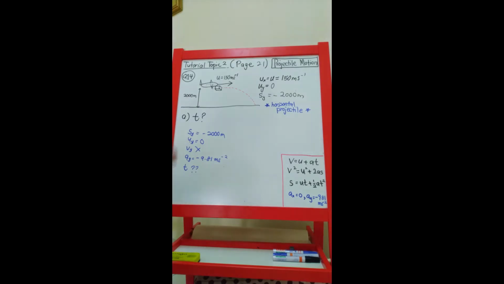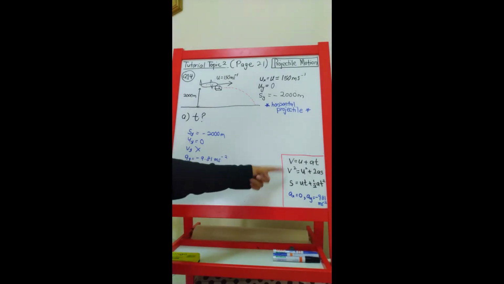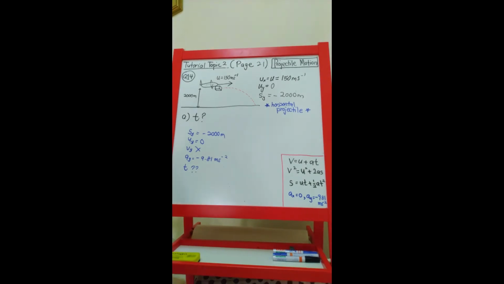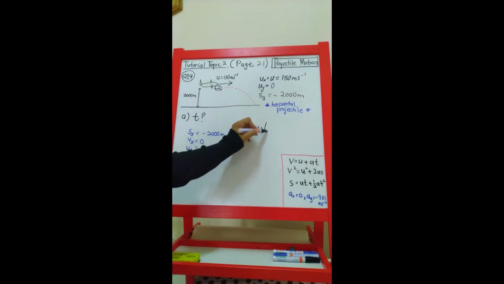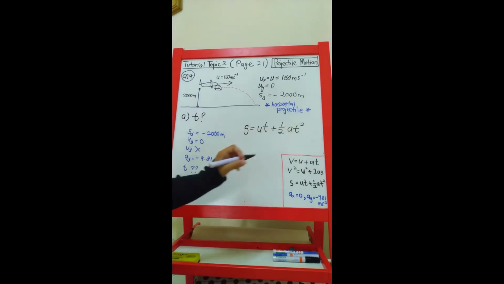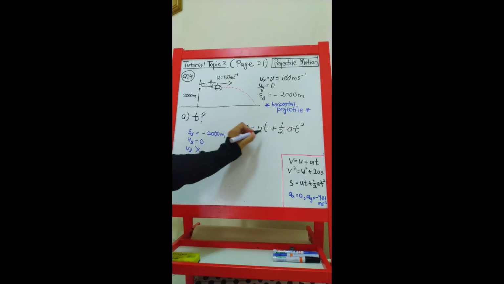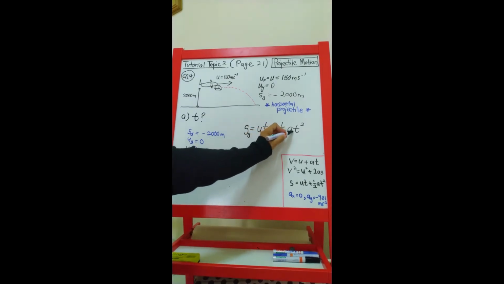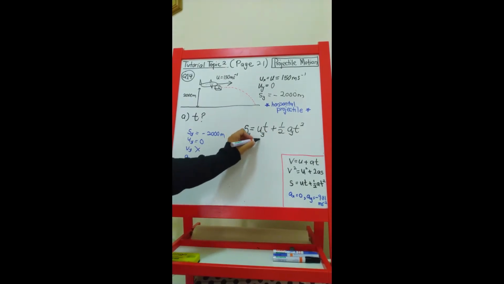So the most suitable equation that we're going to choose is the one without v. So s equals ut plus half at squared. Okay, label everything. So if you label, 0 times t becomes 0, but I'm still going to write the t.